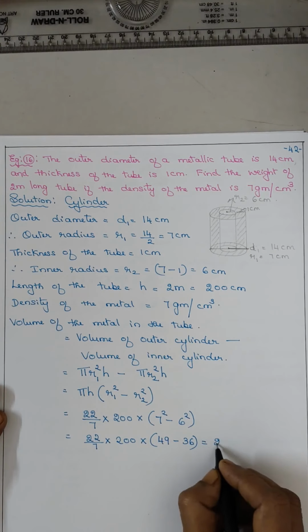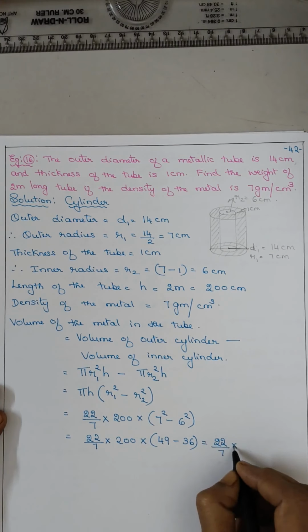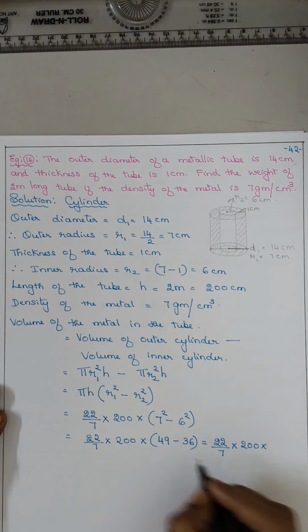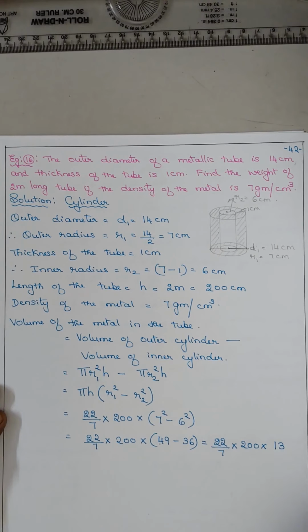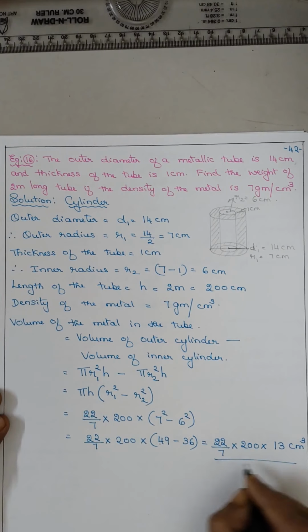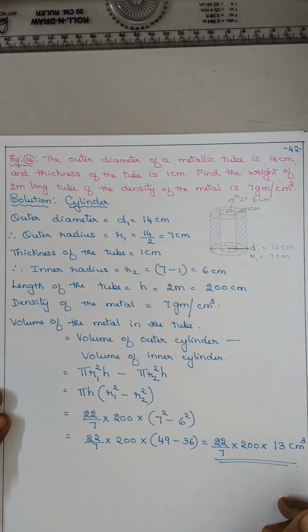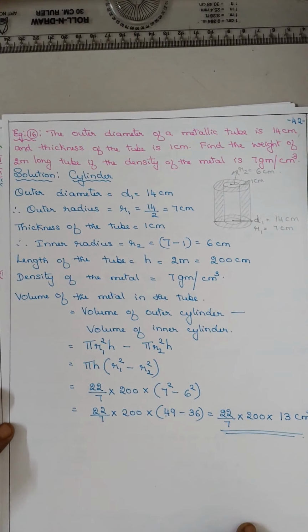So it will be 22 by 7 into 200 into 13. Keep it like this only, centimeter cube. Because cancellation is not there, you won't get it directly, it will come in decimals and all, that is why don't do anything now here. Continue, because we have to find out the weight.